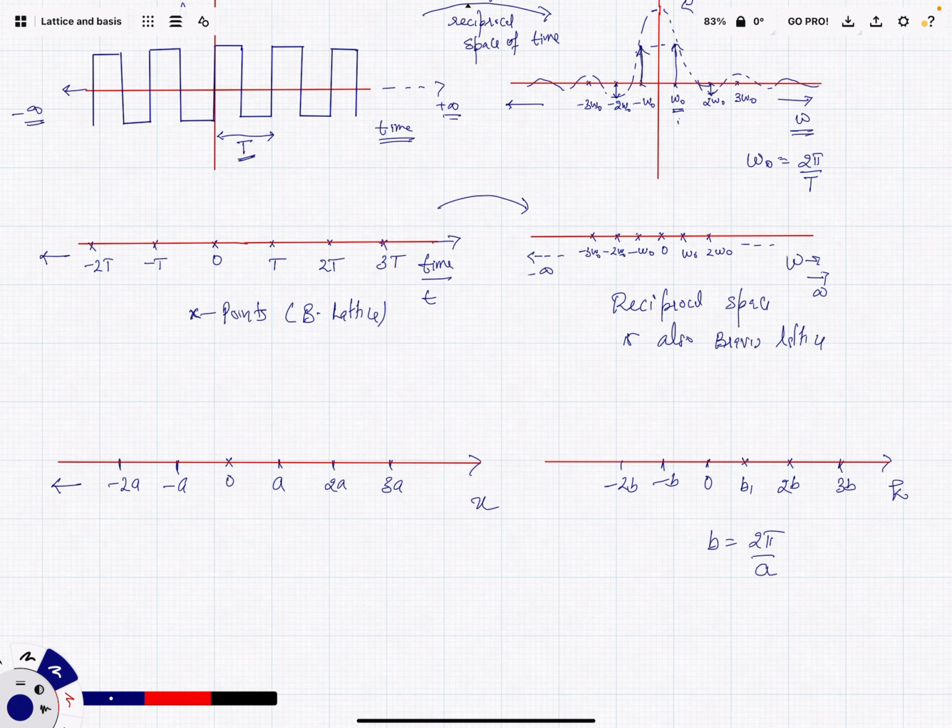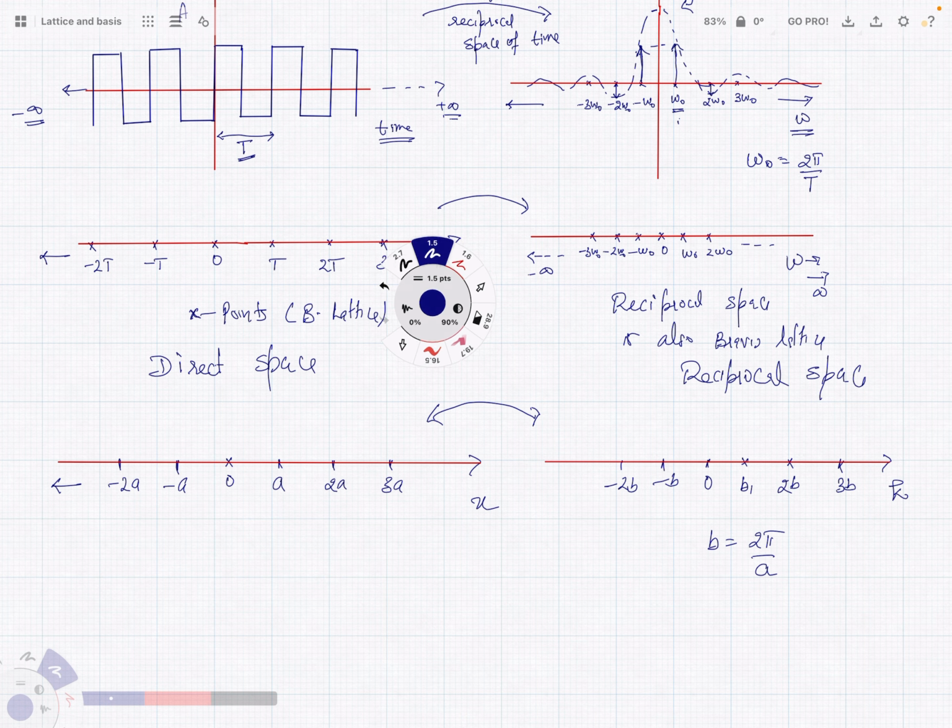Okay, so this is how you can always go back and forth. This is what I would call direct space, and this is called reciprocal space.